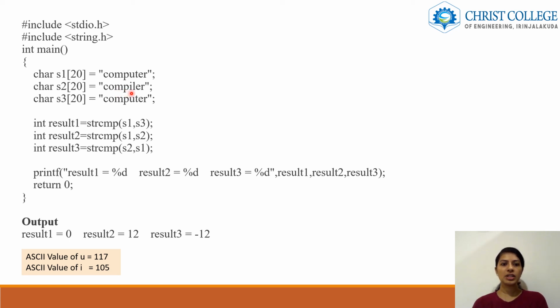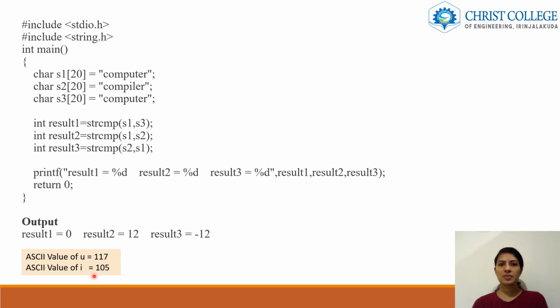When the comparison reaches this position, we can see that both characters are different. In string 1, the character is U. In string 2, the character is I. strcmp function will subtract the ASCII value of I from the ASCII value of U. The ASCII value of small letter U is 117.